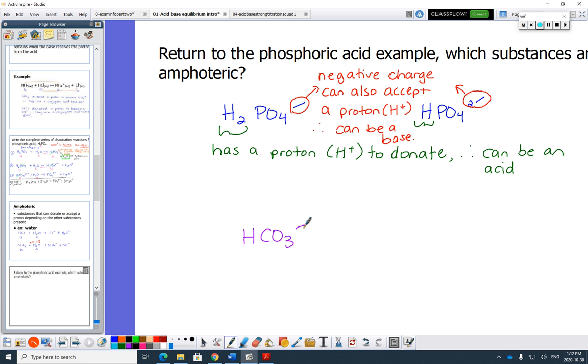So this can accept a proton to become carbonic acid. Let's say you eat something super acidic, or something happens in your body that releases too many protons. This molecule in your blood can accept those protons, and then it can also donate to become the carbonate ion.